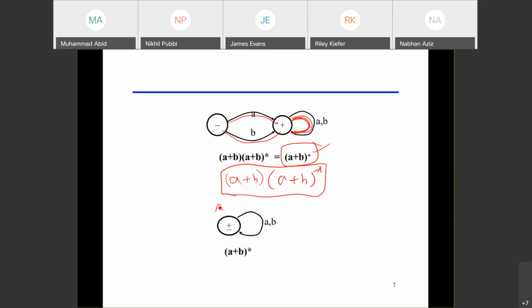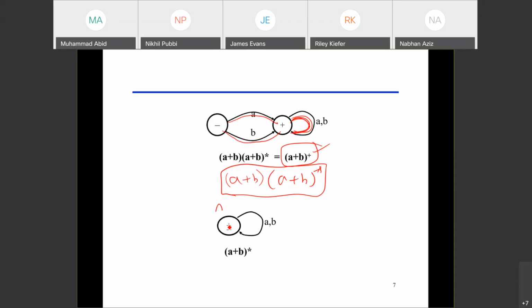Lambda is a word which has no letter, but it is still a word. So this machine will accept lambda because you are at the start state and also at the final state, but you did not give any input letter, and your word will be accepted. So it will be lambda.